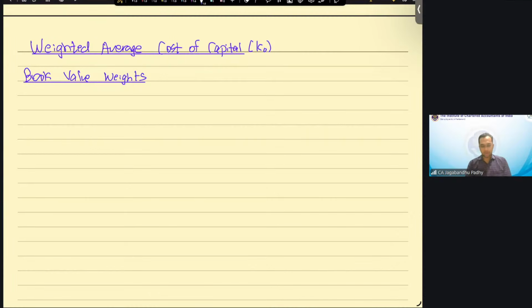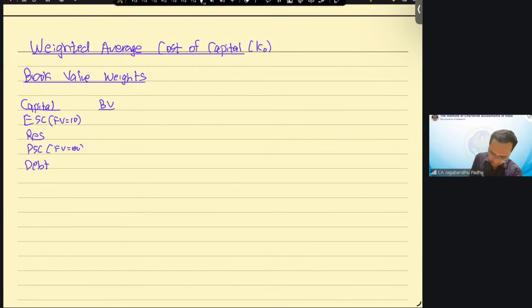So, how are they different? Let us first see what are the book value weights. So, book value weights, we'll write down first the capital, which is equity share capital, let's say reserves, preference share capital, and debentures. Okay, so they are definitely going to have some book value. Equity share capital with a face value of 10, preference share capital with a face value of 100, debentures having a face value of 1000.